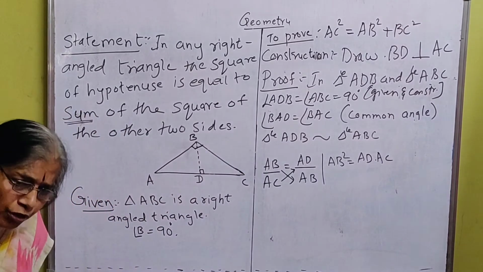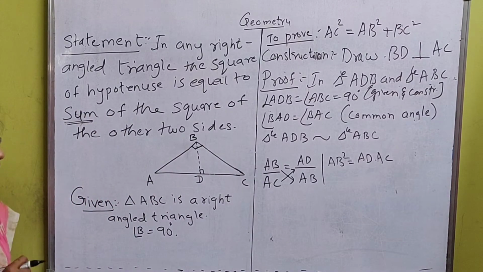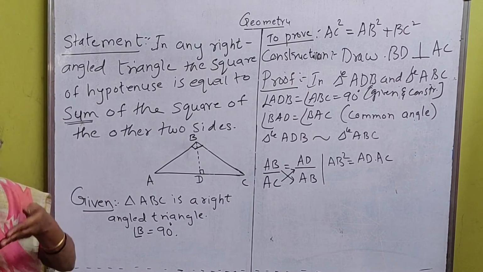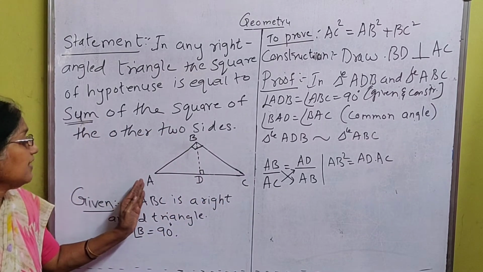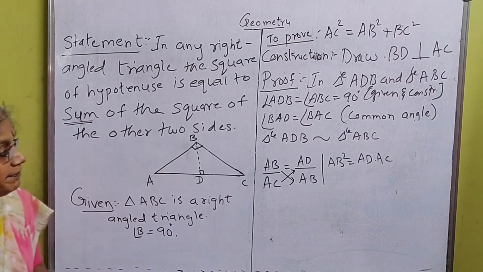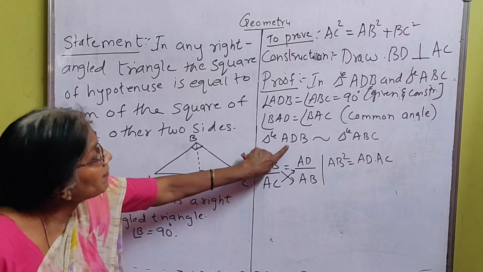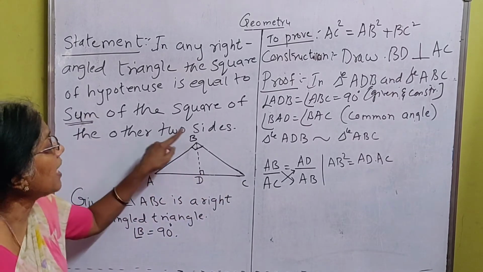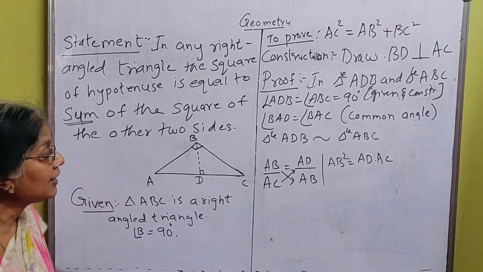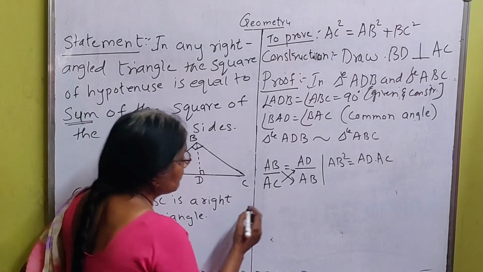Now again, one more triangle we have to take into consideration. Just as I told you when I was explaining this: the smaller triangle BDC and the bigger triangle ABC. In that also we have to prove the same. We have to show that triangle BDC is similar to triangle ABC. So there also we are going to take the same thing.